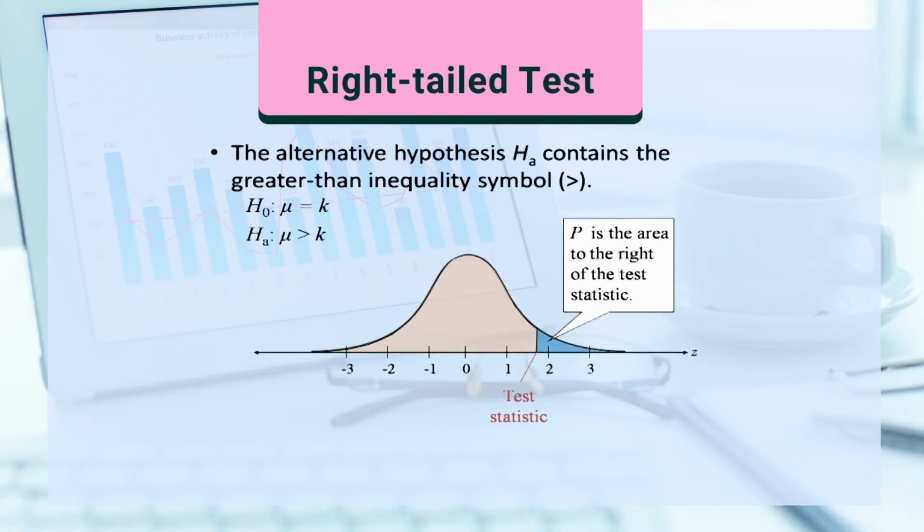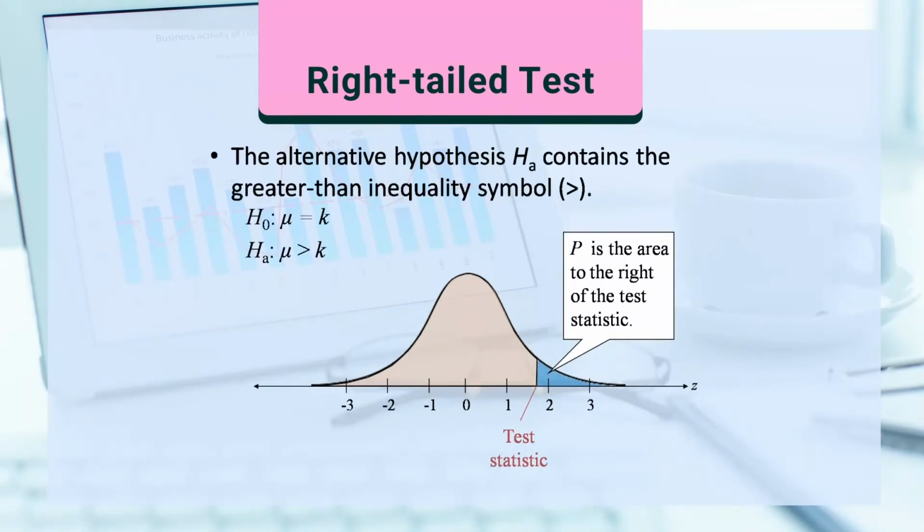So for a right-tailed test, the alternative hypothesis, denoted by HA, contains the greater than inequality symbol, and the null hypothesis is mu is equal to k. The alternate hypothesis is mu is greater than k. If you see the image, the test statistic is marked by this blue area, and P is the area to the right of the test statistic, at the right bottom of the bell-shaped curve.